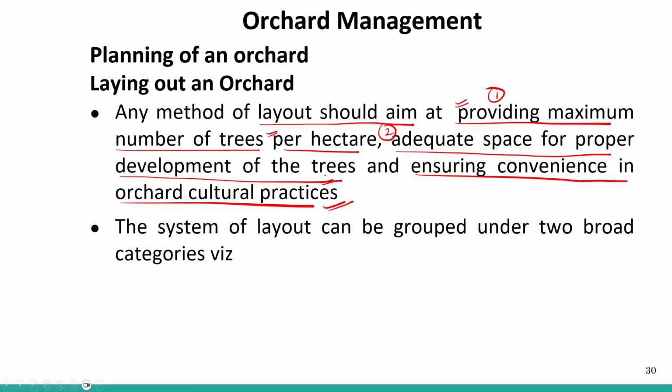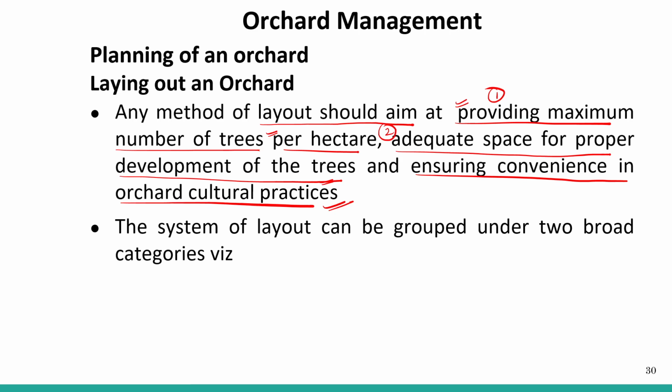It should not be very clumsy, it should not be very close, because if we plant the fruit crops very close, then there will be competition for soil, water, and also sunlight. So there will be no proper growth of these fruit crops and you will not have proper fruit at the time of harvesting.